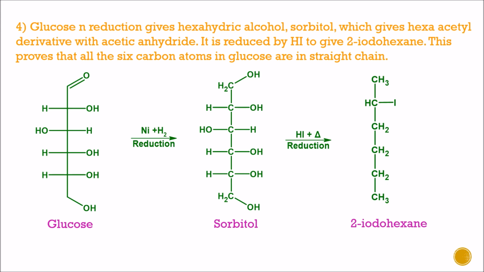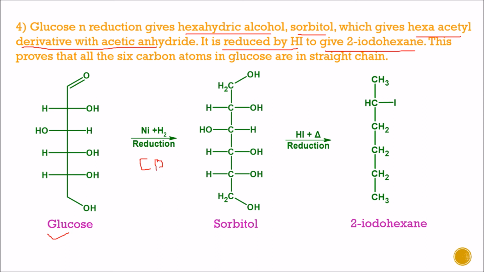The fourth reaction is when glucose on reduction gives hexahydric alcohol, known as sorbitol, which gives hexaacetyl derivative with acetic anhydride. It reduces by HI to give 2-iodohexane. This proves that all the 6 carbon atoms in glucose are in straight chain. So here glucose after reduction forms sorbitol.